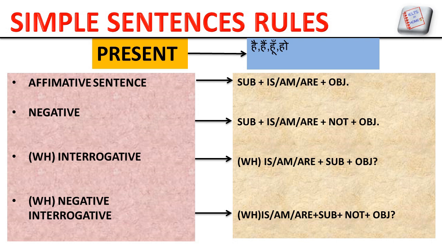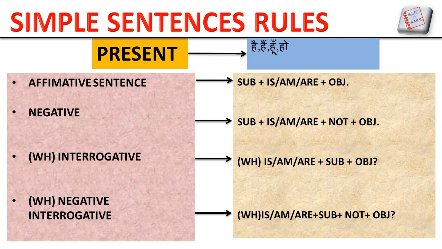Firstly, affirmative sentence rule is subject plus is am are plus object. In the negative sentence, you need to put not after is am are in the rule. And third form is interrogative. For this, is am are will come first, then subject, then object.